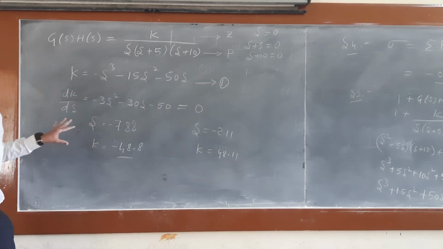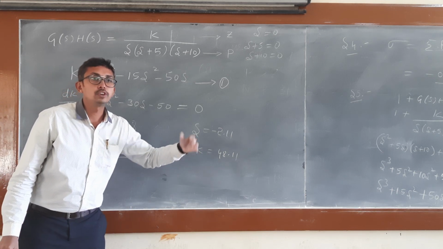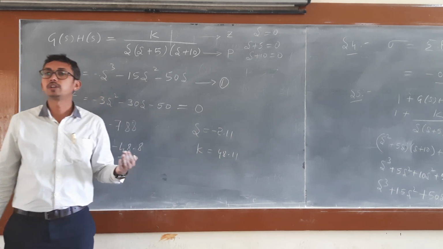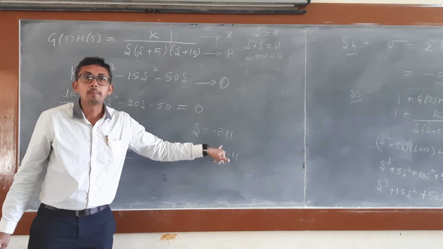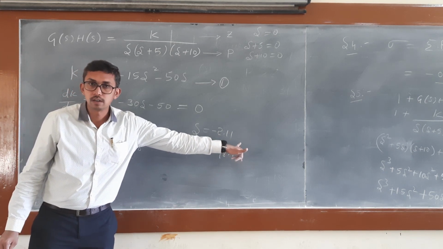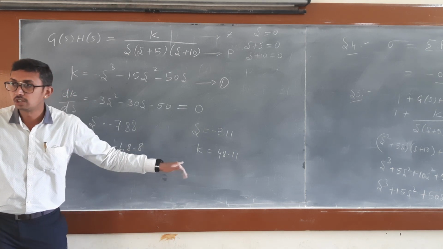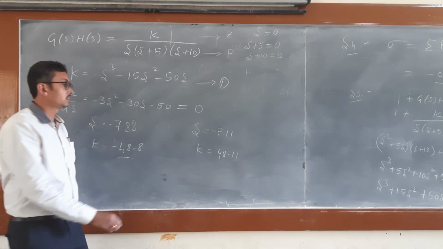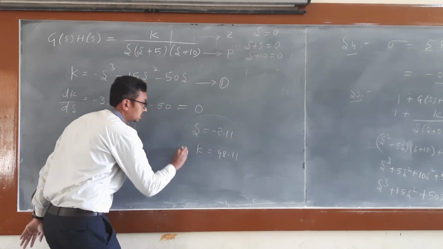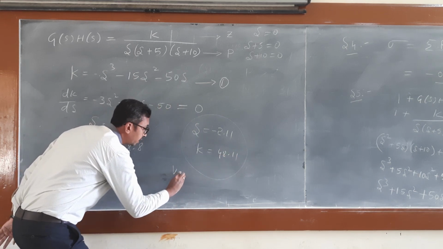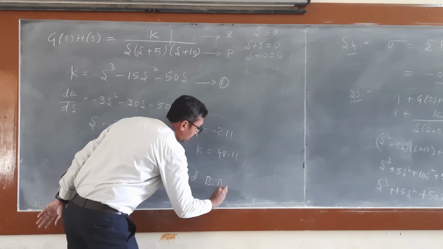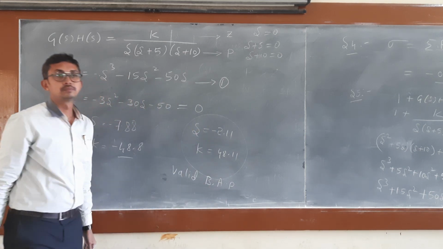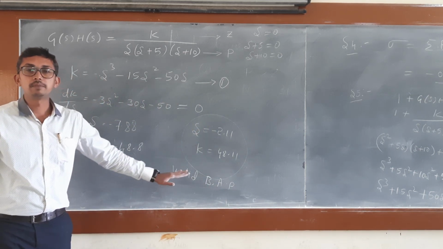So out of these two roots, for which value of s do I get positive k? When s is equal to minus 2.11, the value of k is positive. So this we consider a valid breakaway point.